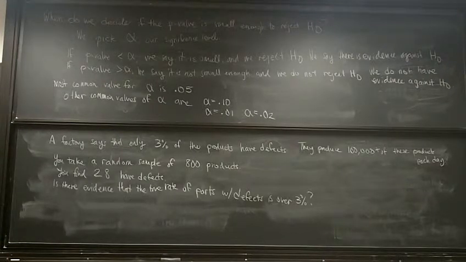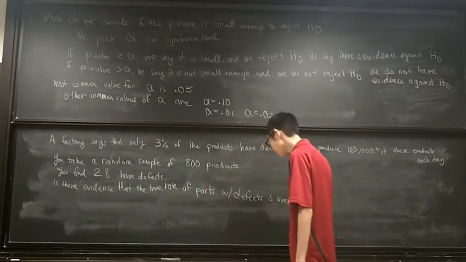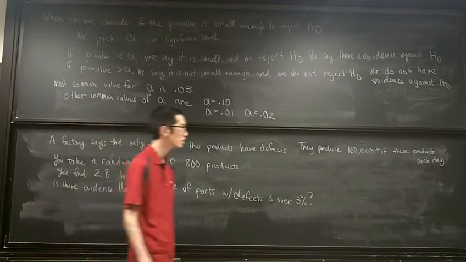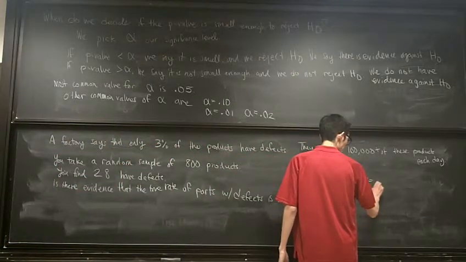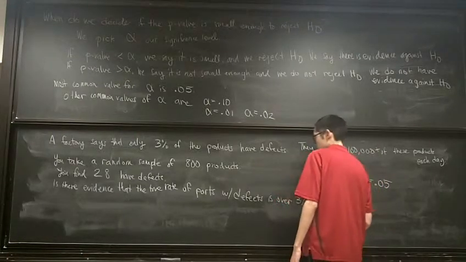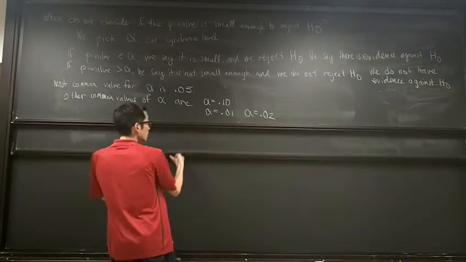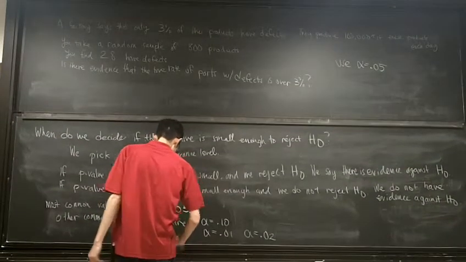Because we're trying to see what the probability is of our sample compared to the regular one. Good? Okay. Some of you are asking about alpha, so I didn't say anything. Assume alpha is 5%.